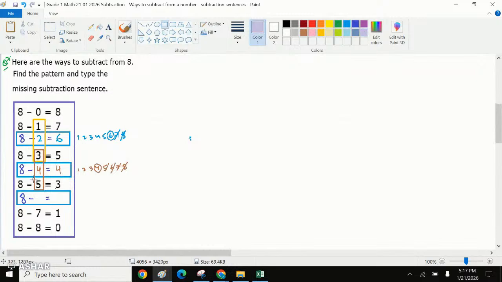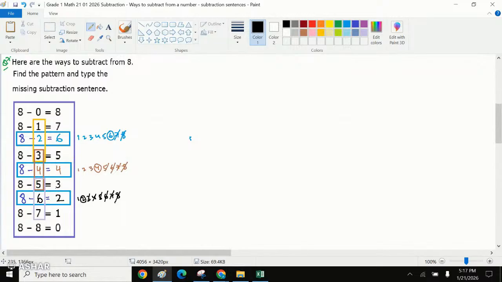Similarly, if we want to see what is the number over here between 5 and 7, between 5 and 7 is 6. And to find the answer, we write the numbers till 4, 5, 6, 7, 8 because we are subtracting from 8. If we remove 6 numbers, what is the largest number we are left with?